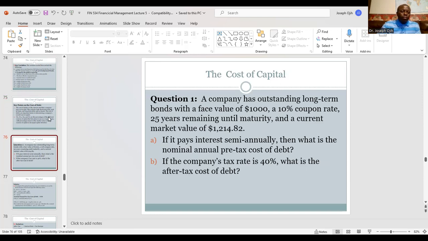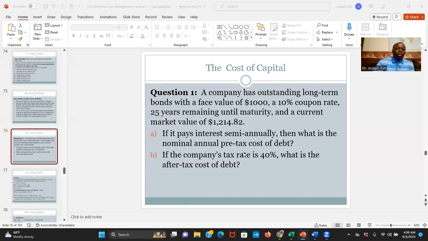Good. So let's look at this question here. The question says, a company has outstanding long-term bonds with a face value of $1,000, a 10% coupon rate, 25 years remaining until maturity, and a current market value of $1,214.82.